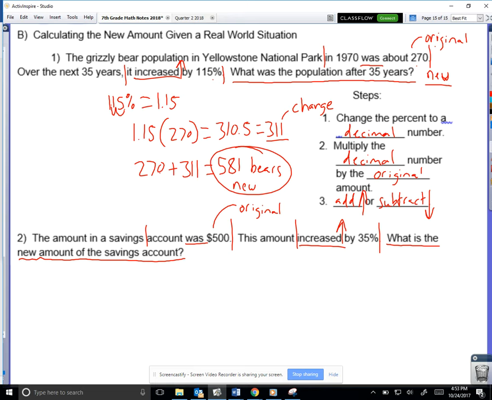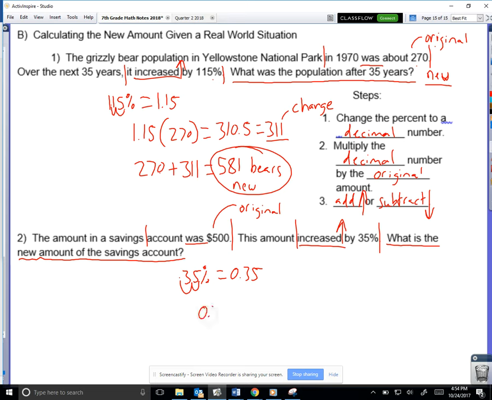All right, follow our steps. Step number 1, we're going to change the percent to a decimal. I'm going to take 35%. My decimal point goes right at the end because it didn't have one. Move it 2 places to the left. It is now right there. That's going to give me 0.35 for my decimal number. Step number 2, multiply the decimal by the original amount.